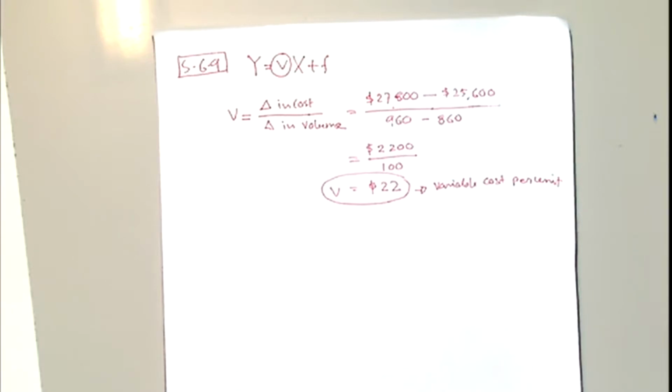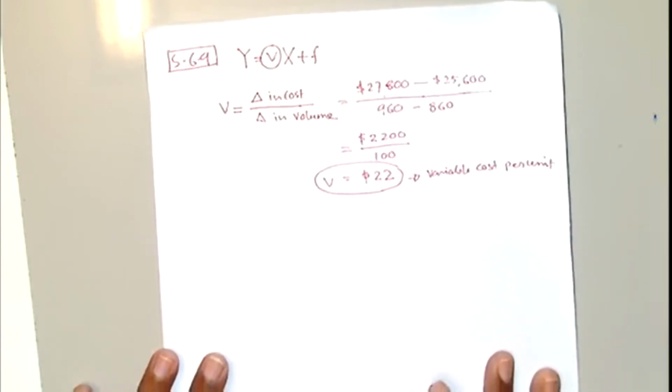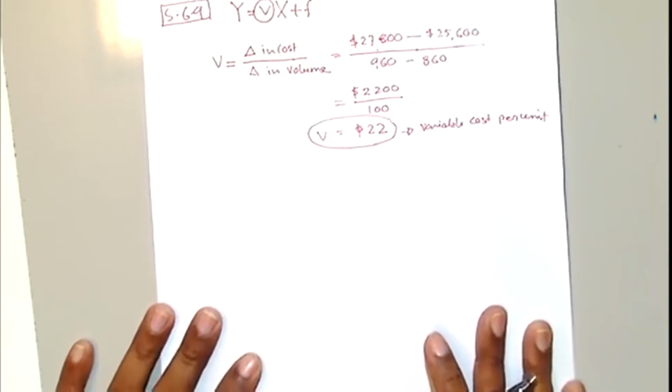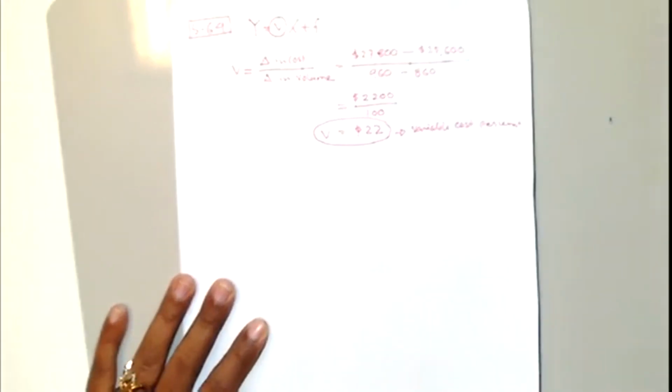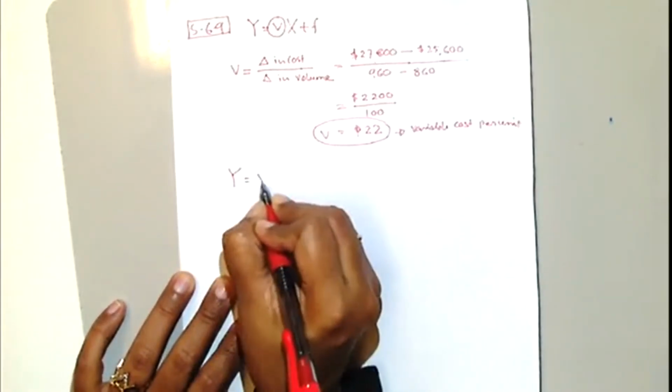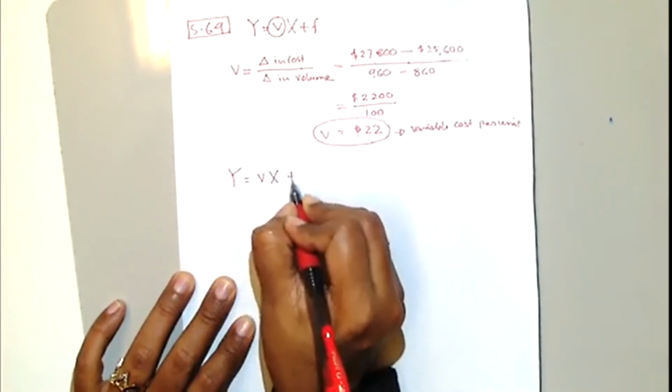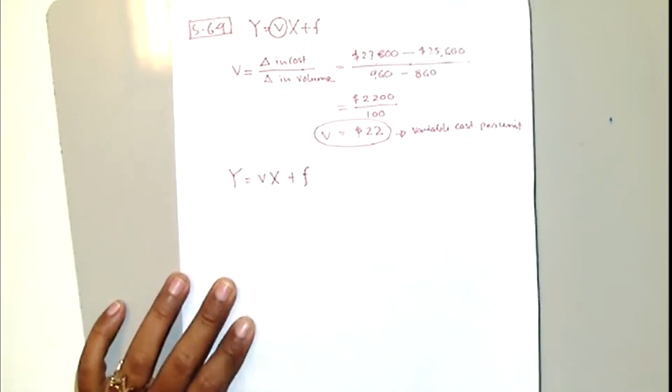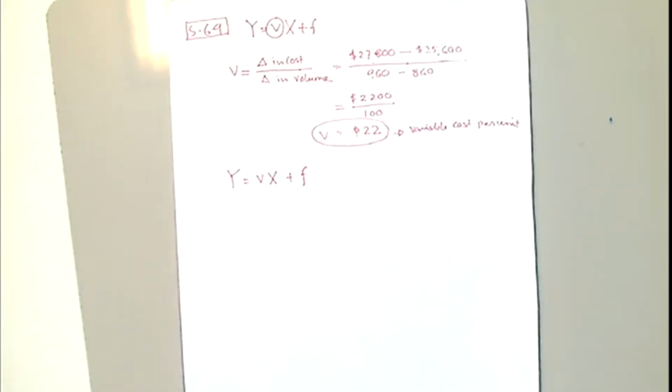Now we will figure out letter F. F is our fixed cost. Now we need to do a little algebra, right? We know our cost equation. I'm writing the cost equation again here because I want to plug in some numbers and solve for F. Now just pick one point of your production.